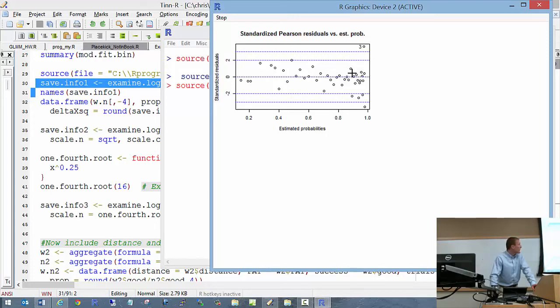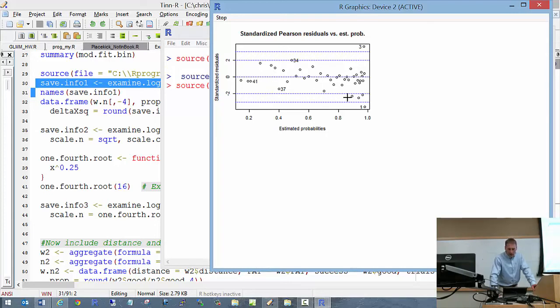So that means observation number 3 has a large standardized Pearson residual. Notice also I have an observation down here too. I'm going to mouse over to it and left click on it, and look at that, it's observation number 1. And I can identify any points that I want to throughout the plot.